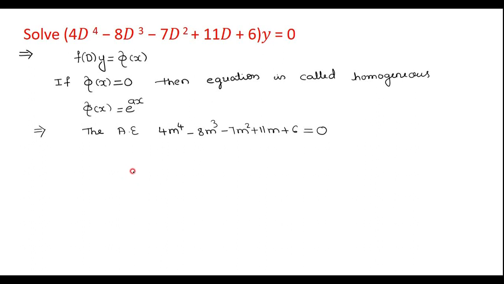We write the coefficients of the equation in order, after checking that the given equation is in standard form. Here it is in standard form. Write the coefficients 4, -8, -7, 11 and 6.